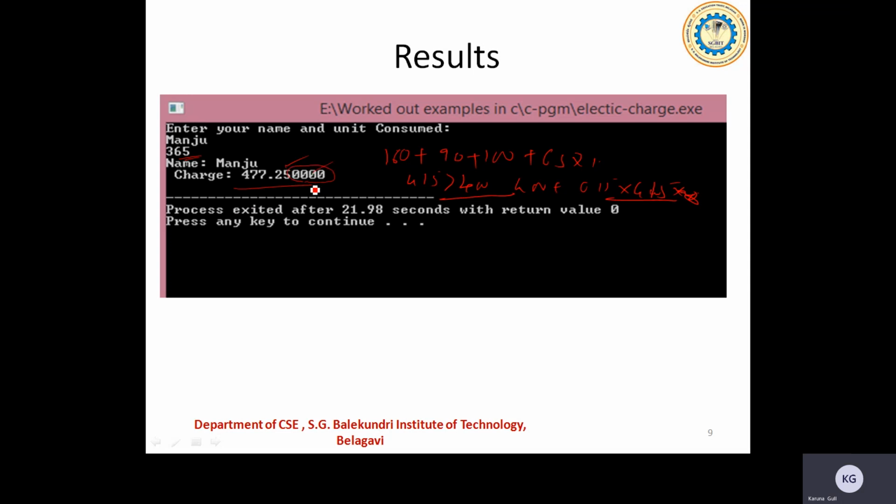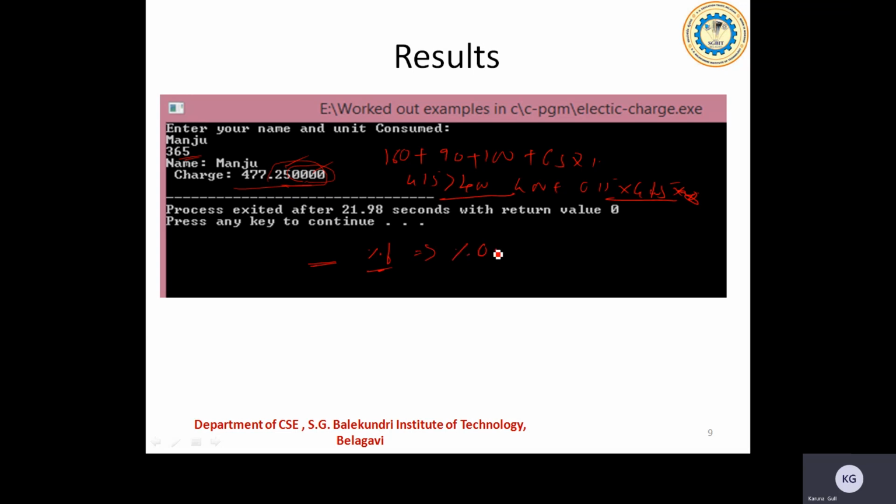People can also take care of printing only 2 digits after the decimal point using a particular format specifier. If I write the format like this, it is going to print many digits, 1 2 3 4 6 digits here, right?